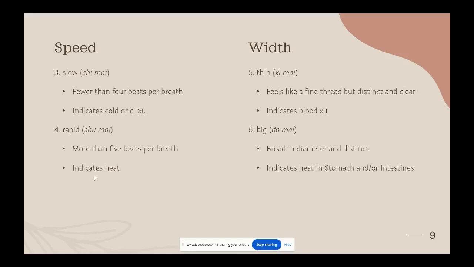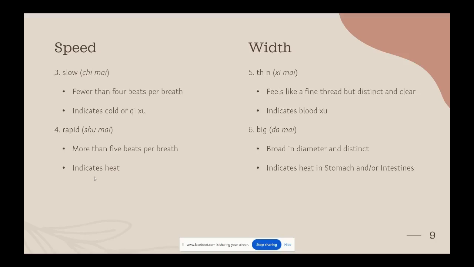And so what these indicate is, a slow pulse on its own indicates cold in the body or qi deficiency. And if it's also weak and deep, a yang deficiency. And rapid pulses indicate heat. And then width, so you could have a thin pulse, which might be described as fine or thready, but it has a distinctness to it, and this is indicative of blood deficiency.